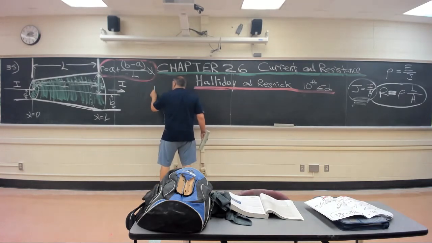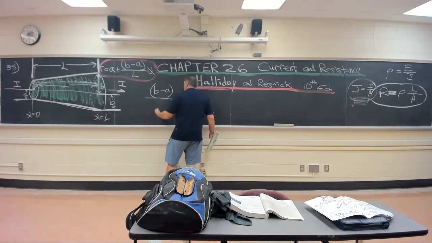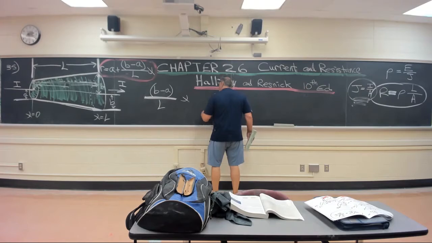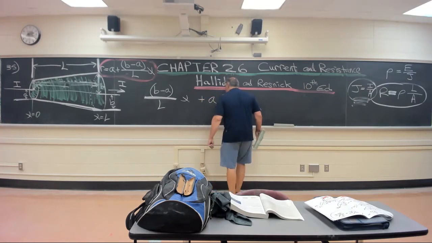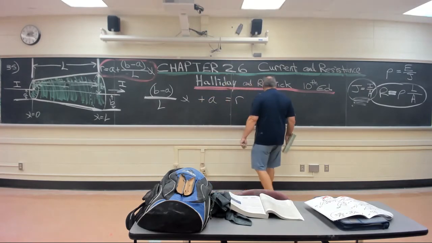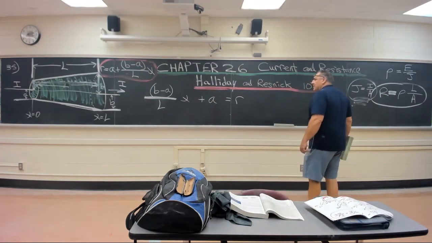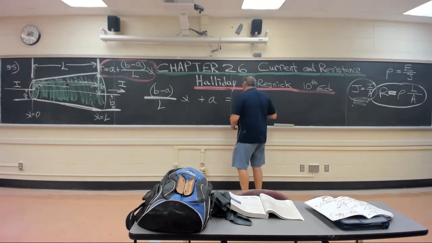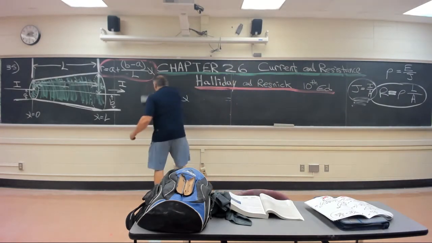Basically, we're talking about the slope, which was the quantity B minus A over L. If you multiply it by x, that's the change from the original. The original height was A, and that's going to give you R. So to put it more like y equals mx plus b, you just put the R out in front.